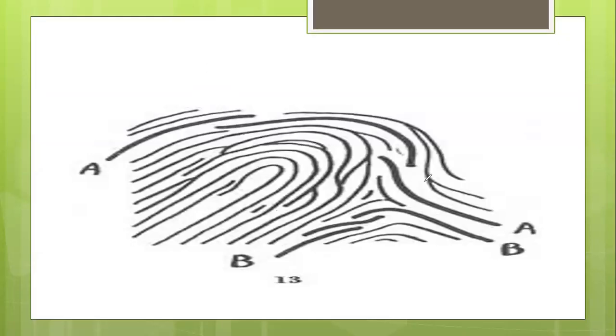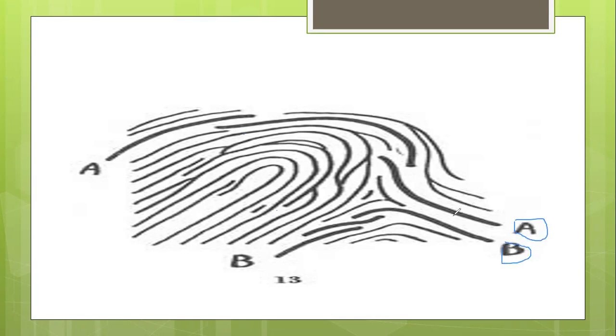So, kung titingnan natin, the first rule is look for the two innermost ridges. This one marked as A and marked as B. Ito po, ito. Yan, at saka ito.